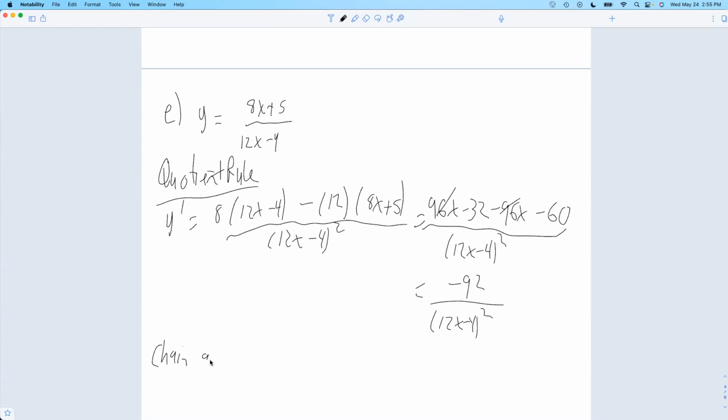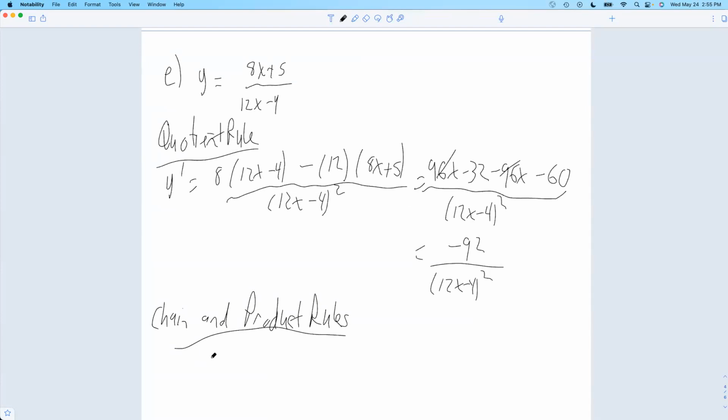Now let's do it using chain rule. Really, it's chain and product rules. So I'm going to rewrite my function as y equals 8x plus 5 times 12x minus 4 to the negative 1 power. I'm going to bring that guy up here and make him a negative exponent.